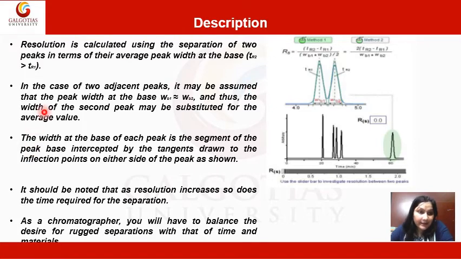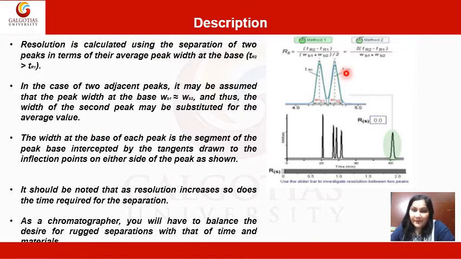Okay, in the case of two adjacent peaks, it may be assumed that the peak width at the base WB1 is approximately equal to WB2, and thus the width of the second peak may be substituted for the average value.